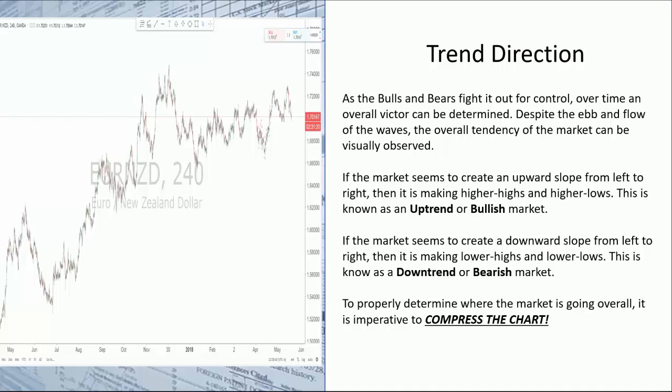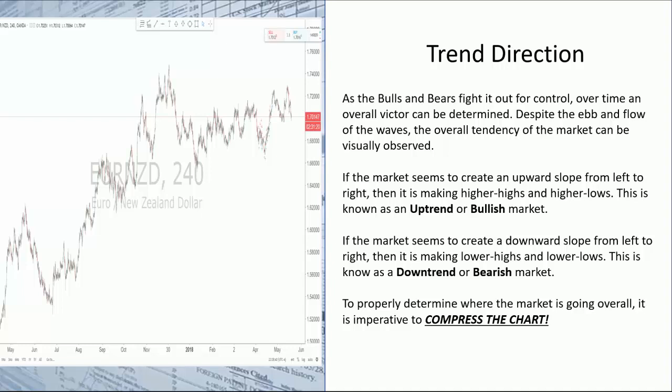The first thing that you have to do starts with just a visual check, the ocular pat down, if you will. You're just going to take a visual check of the market to try and figure out what it's doing. If the market seems to create an upward slope from left to right, then it's making higher highs and higher lows.